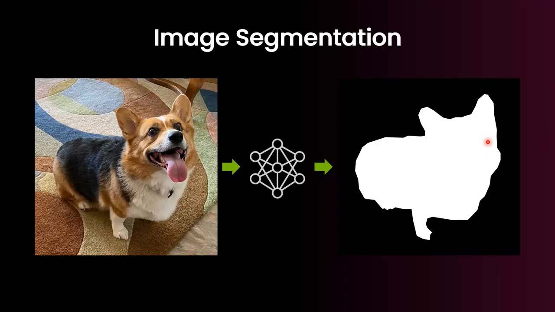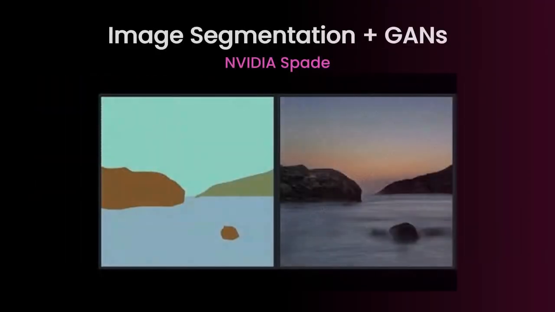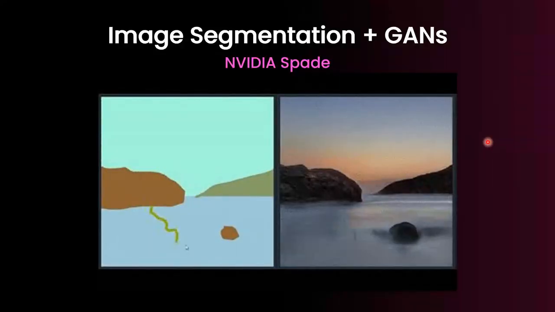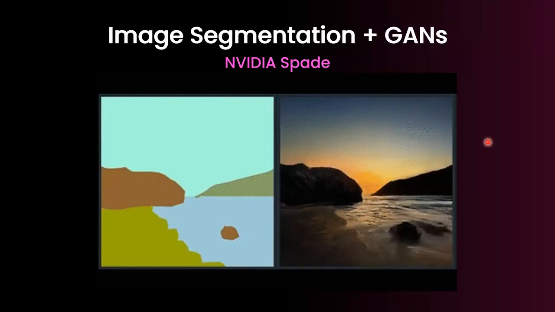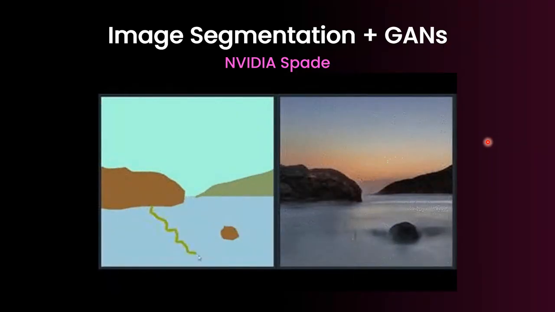What if we combine image segmentation plus GANs, as we have watched in the previous applications? This is what happened in an application you can search about, called NVIDIA's Pay. They combined the two techniques together, so they trained a model to create images from segmentation maps.